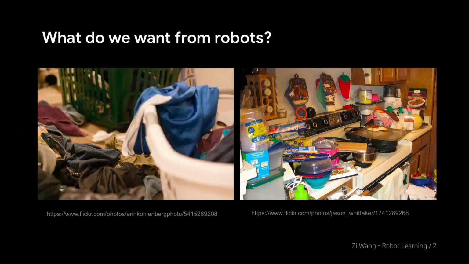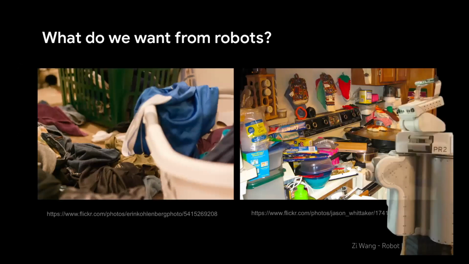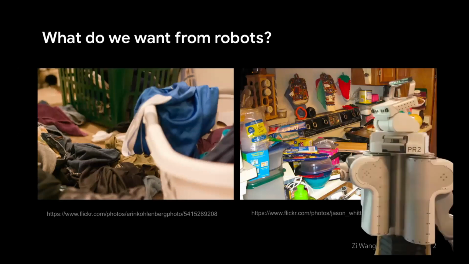Different people might have different views, but many people would think about robots taking over things that we don't want to do, like folding laundry, cooking dinner when you don't really want to, or cleaning up a very messy kitchen. So the hope is that we can get one robot and it just comes in and it can do everything for us.